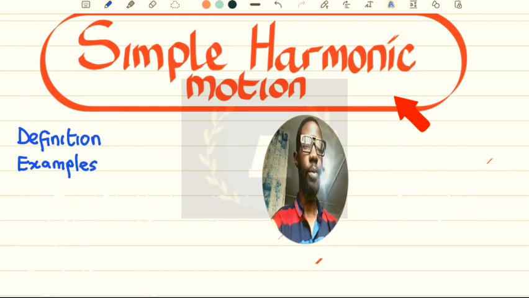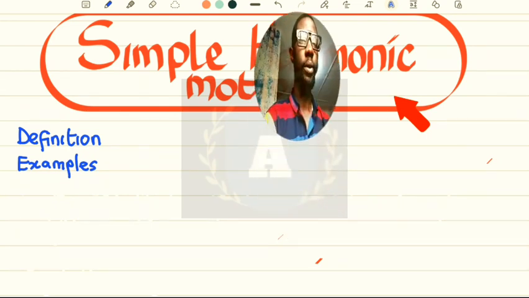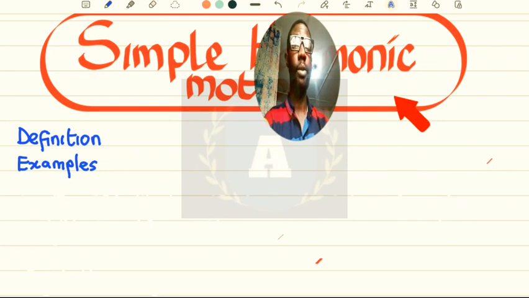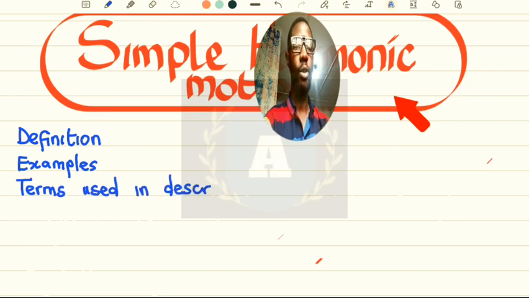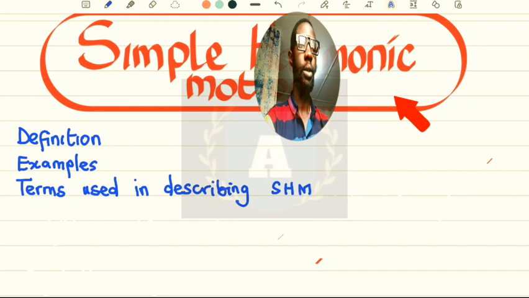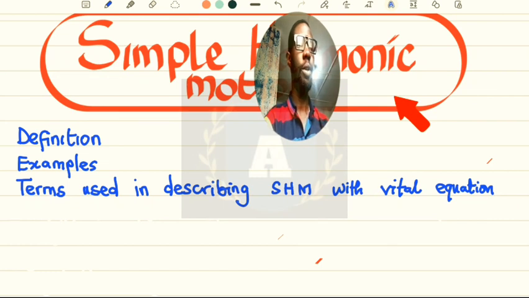So we would explain and give examples of substances or systems that undergo simple harmonic motion. Then similarly, we would explain some terms that are used in describing simple harmonic motion with vital equations for each case. We will look at that.